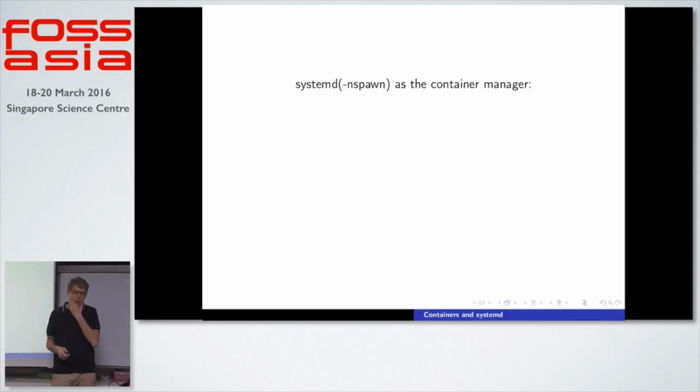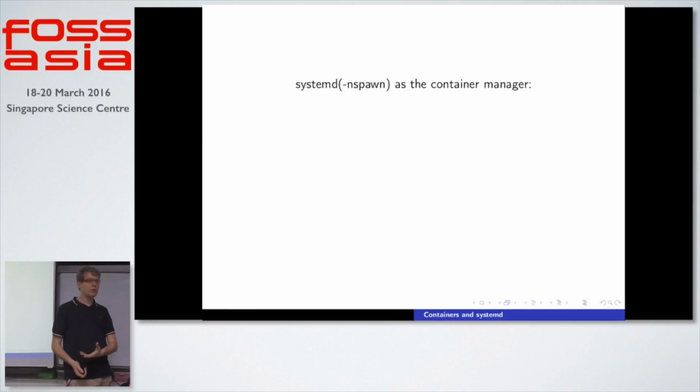So systemd comes with a small container manager. It's called nspawn. It's supposed to be minimal. The background why we wrote it is actually not that we wanted to get into a competition with Docker and these kind of things, but mostly because we were developing systemd, which is an init system, right? And if you develop an init system, you basically have to boot up your machine all the time, because that's how you have to test it, right?